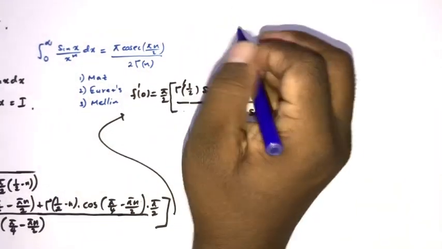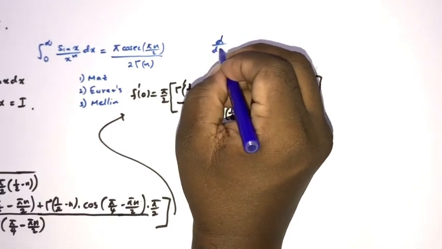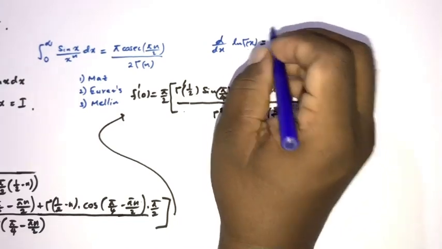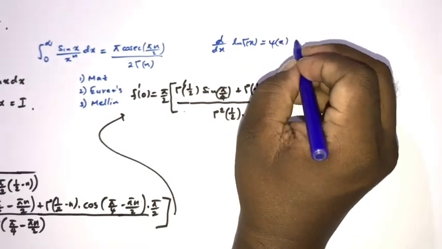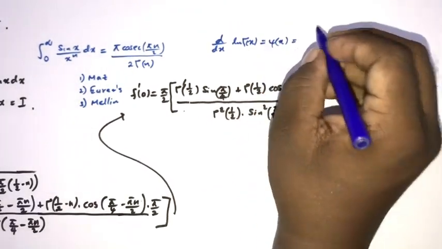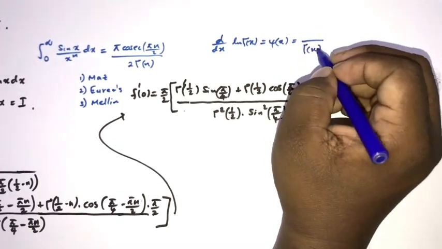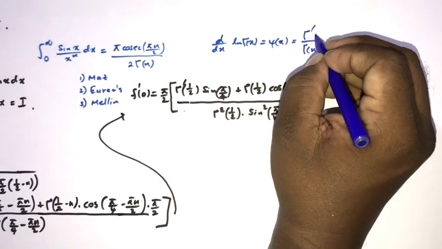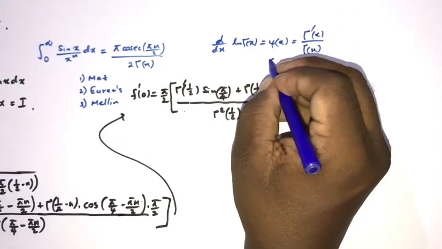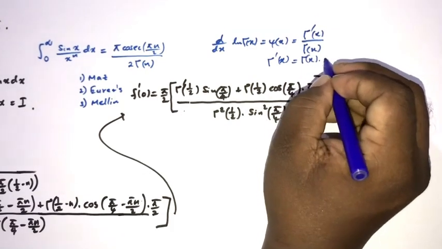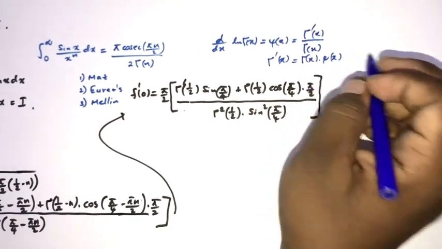We know the derivative of natural log of gamma of x is equal to digamma of x, which is gamma dash of x over gamma of x by the chain rule. So gamma dash of x is equal to gamma of x times digamma of x.